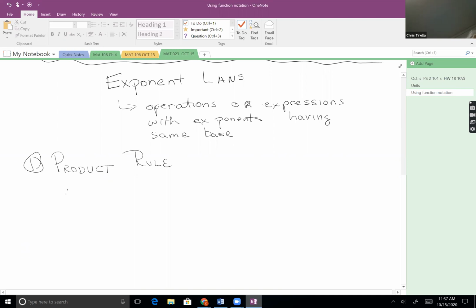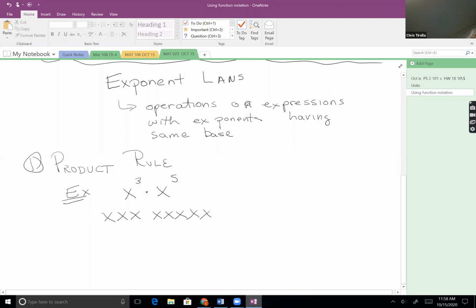So in my example, I want to take x to the third times x to the fifth. Painful way, x to the third, doesn't that mean I have 3 x's that are being multiplied? X to the fifth, doesn't that mean I have 5 more x's that are being multiplied?